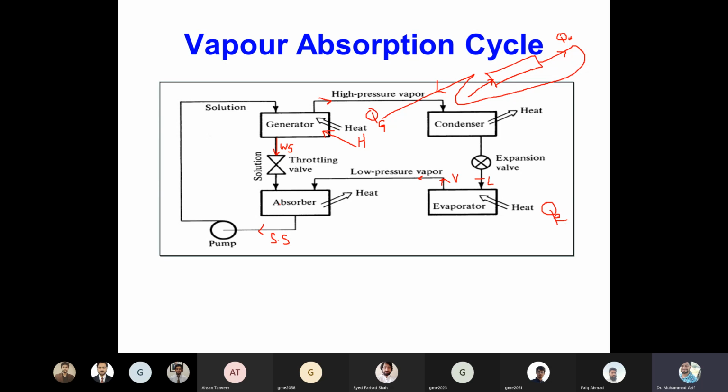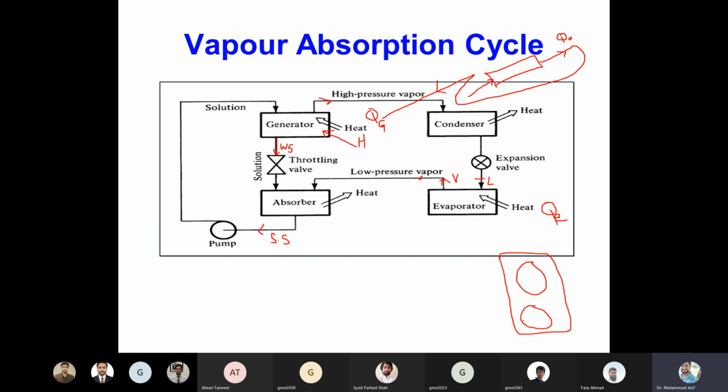Now if you look at the operating pressure, when you see a vapor absorption system physically, you will see just two drums enclosed in some arrangement. We call it an absorption chiller.